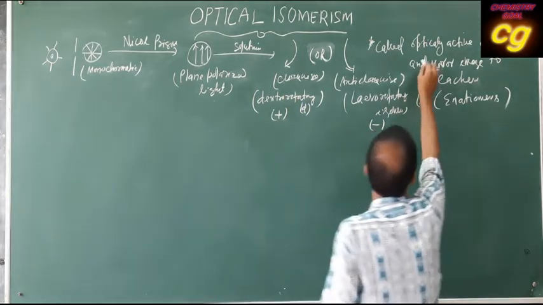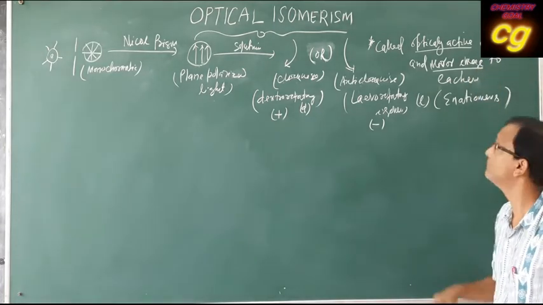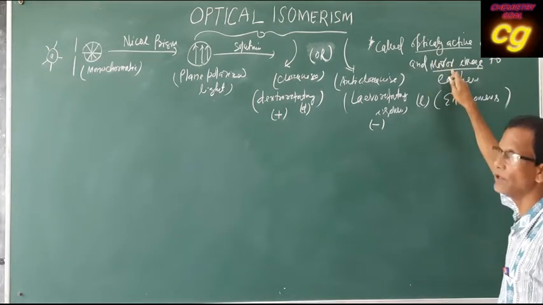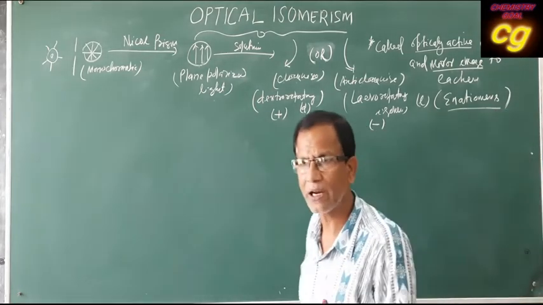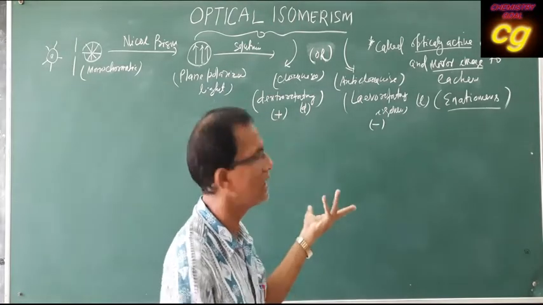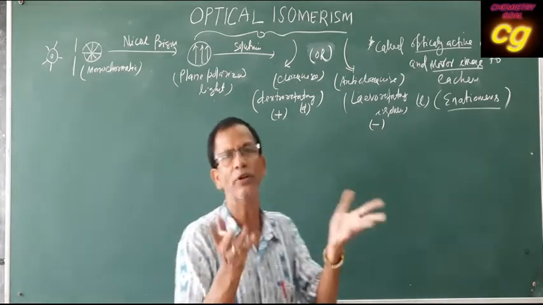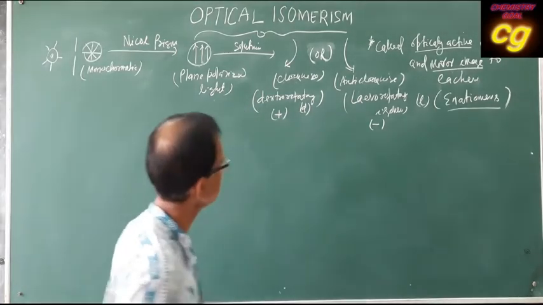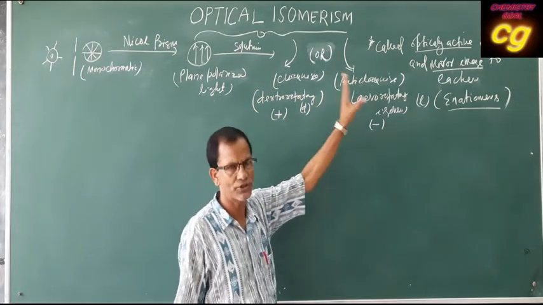So optically active and mirror image: these two features are very important. This type of isomer is called enantiomer. Left palm, right palm, just like enantiomers. So these are very important regarding optical active nature.